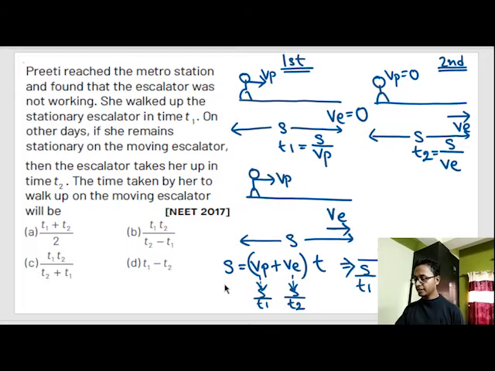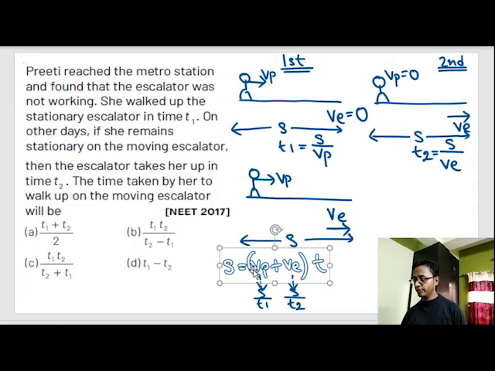I think this is not visible here, so let's do it on a new page. s is equal to Vp plus Ve into time taken. Vp is replaced by s by t1, and Ve, or velocity of escalator, is replaced by s by t2.